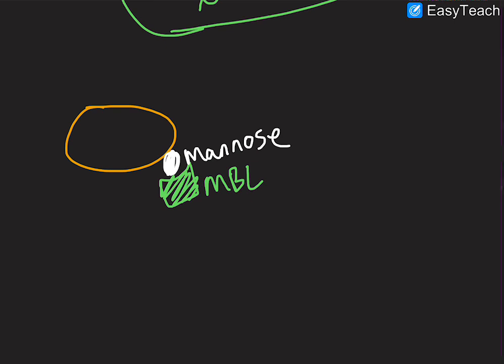Once our mannose binding lectin binds to the mannose on the pathogen, this attracts two other main molecules that we have to talk about. This leads to the activation of MASP1 and MASP2. They stand for mannose binding lectin associated serine proteases, so we're just going to abbreviate it.